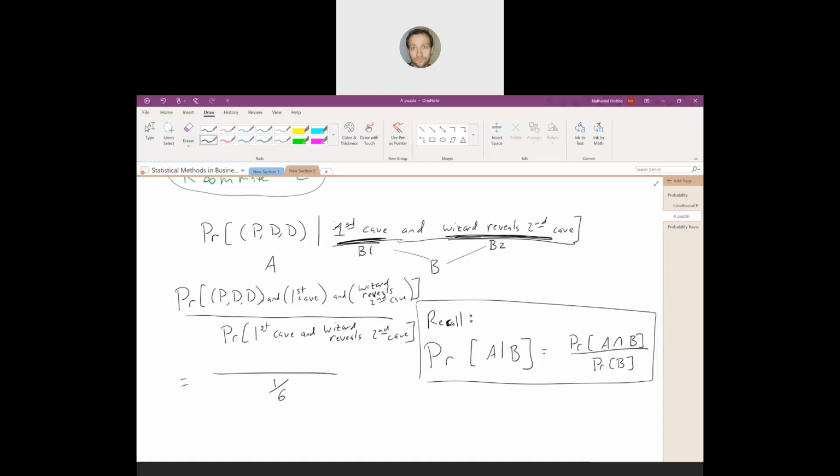And just as a shortcut, this is equal to the probability of princess, dragon, dragon times the probability of first cave and wizard reveals second cave.